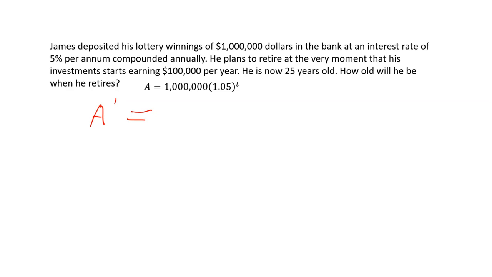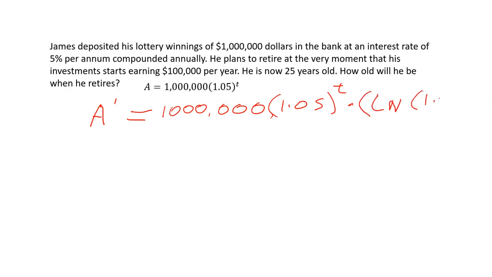Give me what Adam has. So a million times 1.05 to the power of t times the ln of 1.05. Well done. So 1 million, 1.05 to the power of t multiplied by the ln of 1.05.